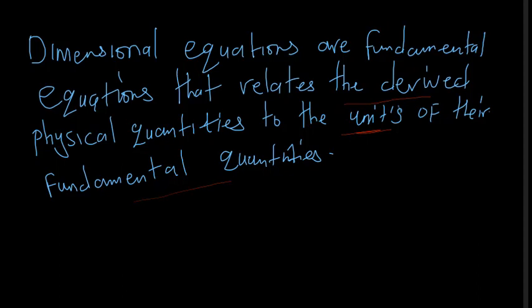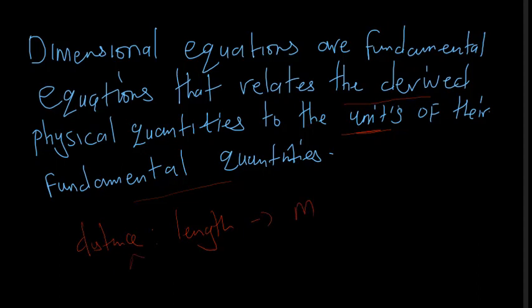As already stated, derived quantities are made from fundamental quantities, and so they obtain the very units of their fundamental quantities. For example, distance is made or derived from length as a fundamental quantity, and we know that length is measured in meters.